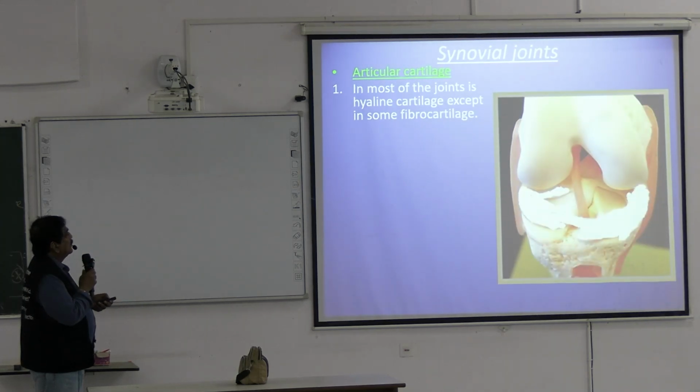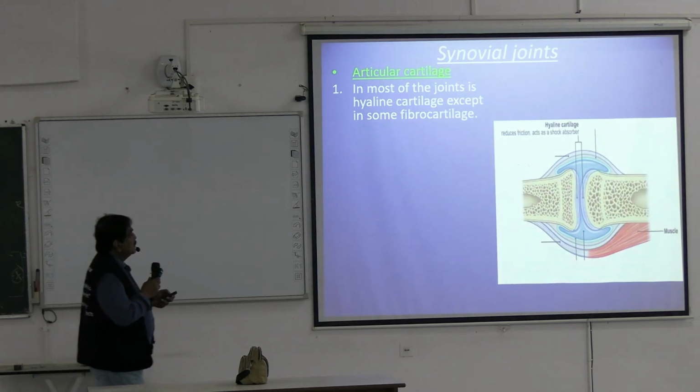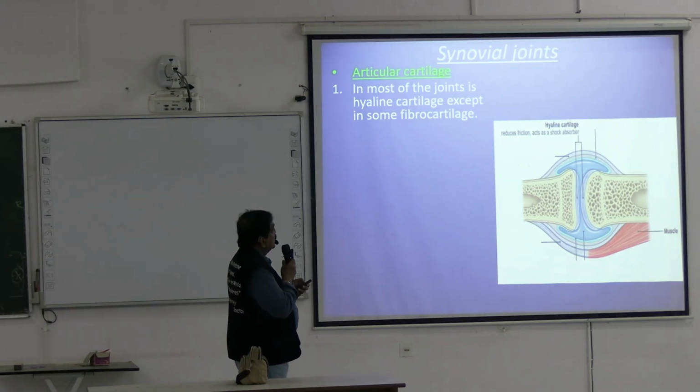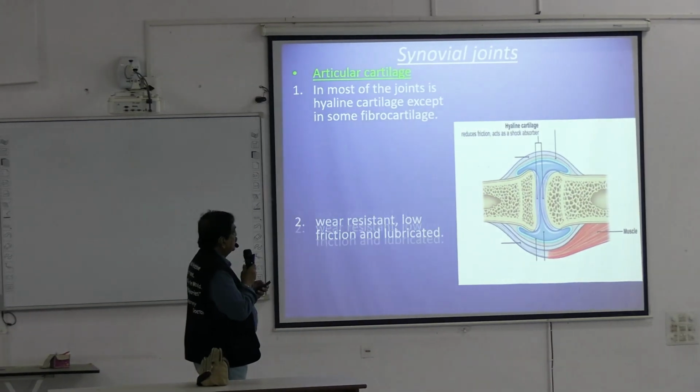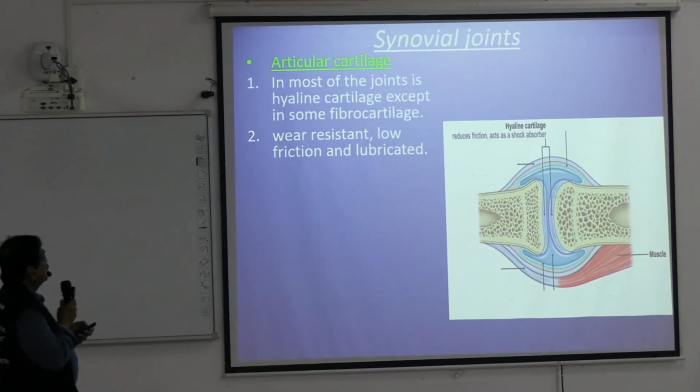Here, a beautiful picture of the knee joint. This is the lower end of femur, this is the upper end of tibia, and this is the hyaline cartilage. Reduces friction as a shock absorber, resistant, low friction and lubricated.